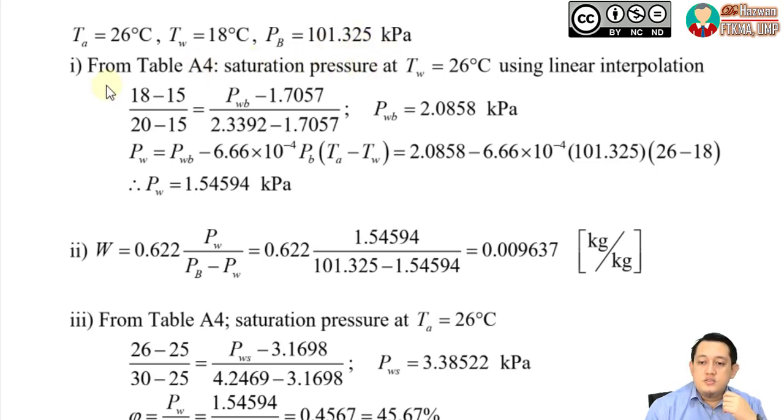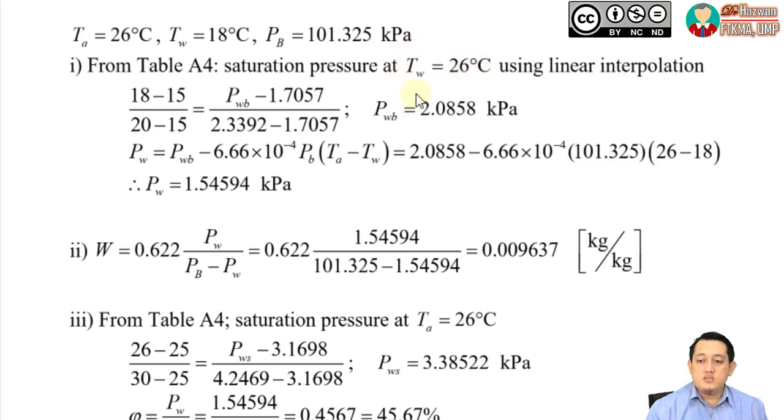So question number 1, to find the PW, you can use this equation. For this equation, you need to have PWB, which is the saturation pressure at wet bulb.